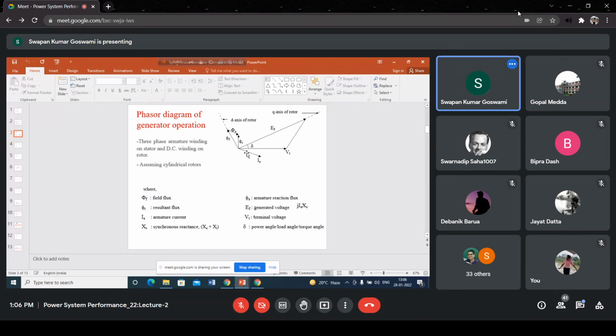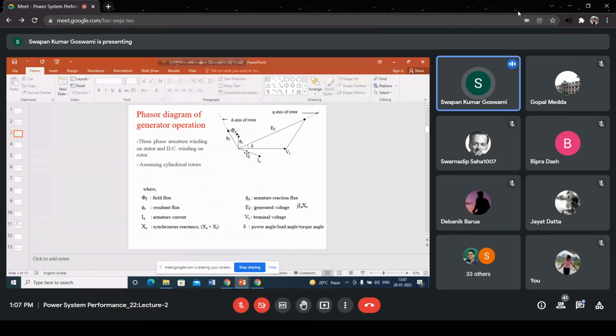How can delta be varied? Obviously, by varying the speed of the generator. Momentarily, you have to change the speed of the generator. How may the speed of the generator be varied? Obviously, by changing the power input to the turbine. That means turbine power input has to be varied. What is the turbine power input for a steam turbine?